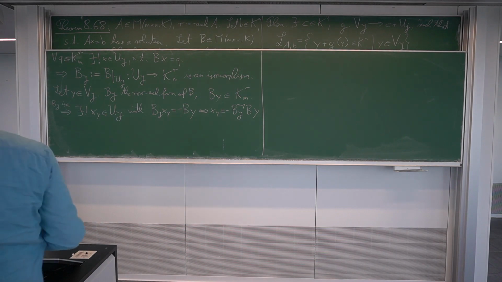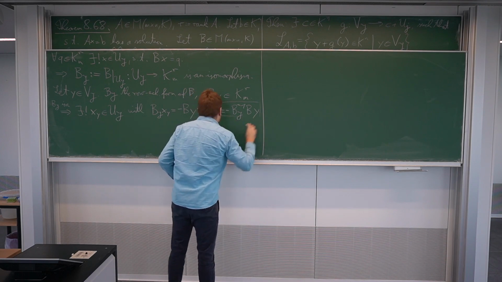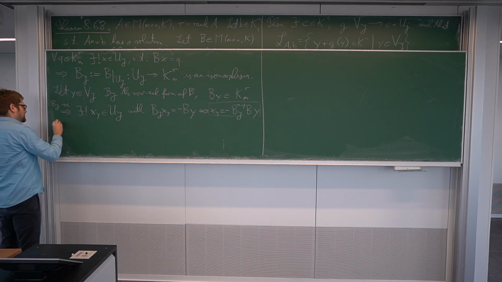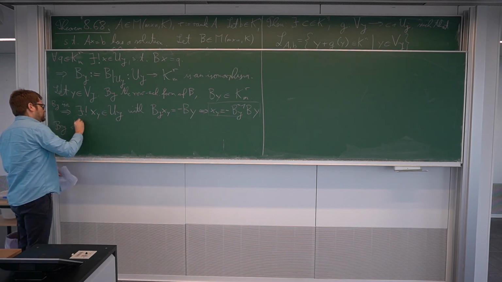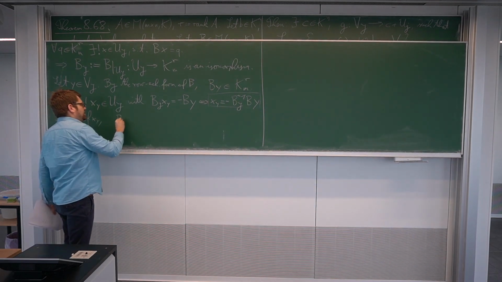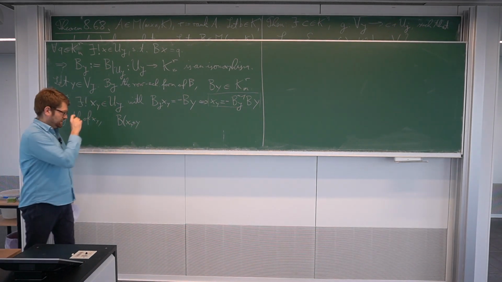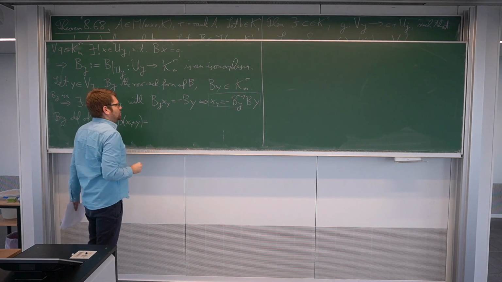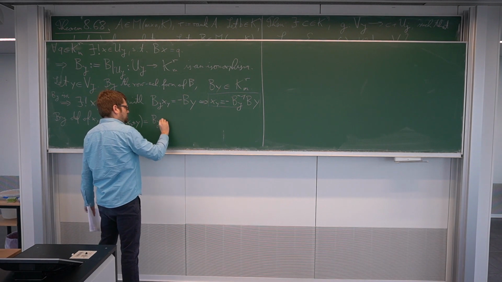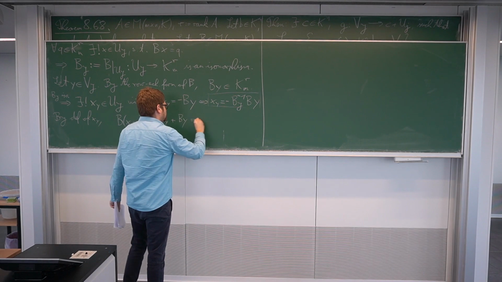Now, this is the formula that we have here. So such an element exists, and it's of this form. Then, by definition of x_y, and this is where the homogeneous equation kicks in, if we apply B to x_y plus y, so put the sum of these two into our linear system, this is just by construction the same as B x_y plus B y, and obviously since this holds, this is 0.